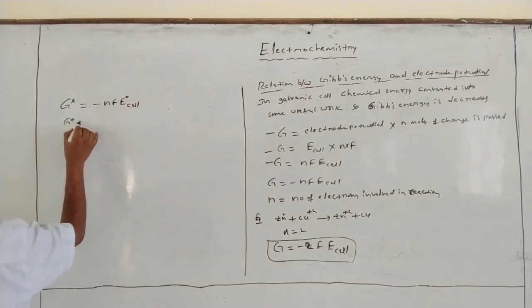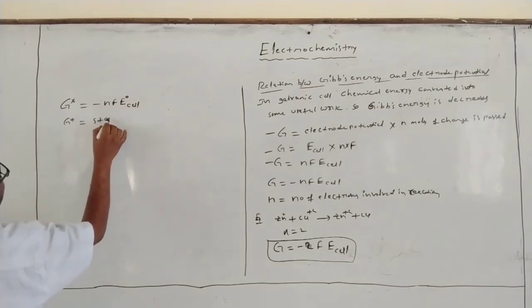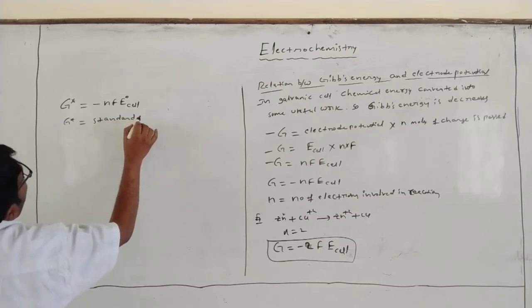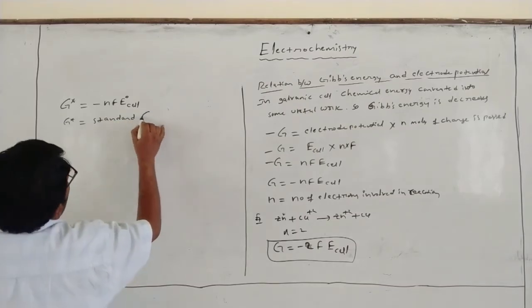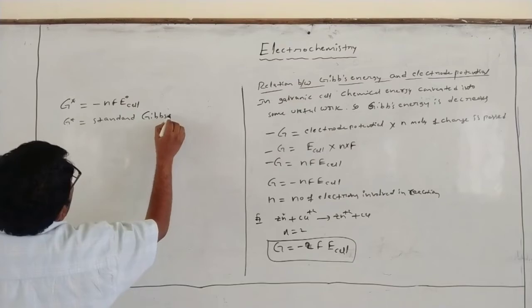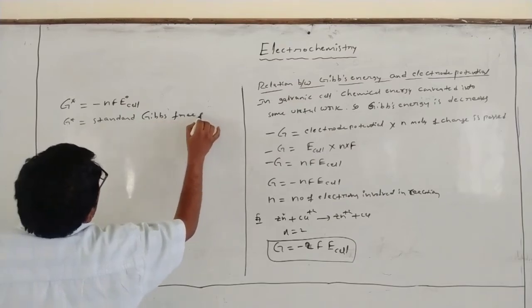Here G star is the standard Gibbs free energy.